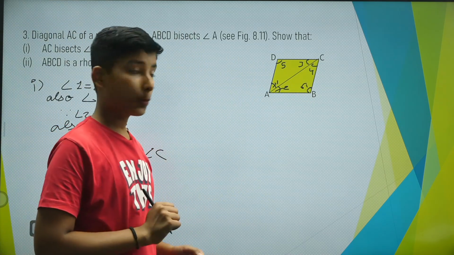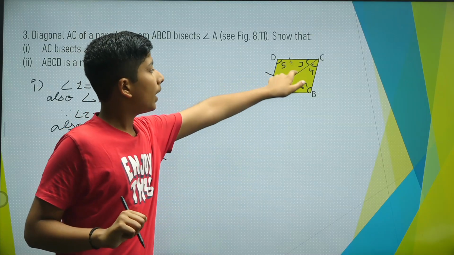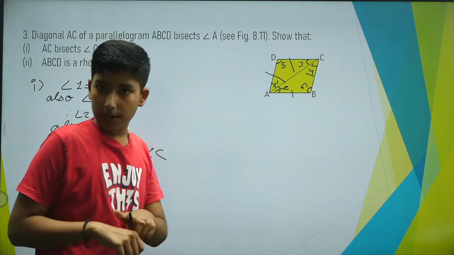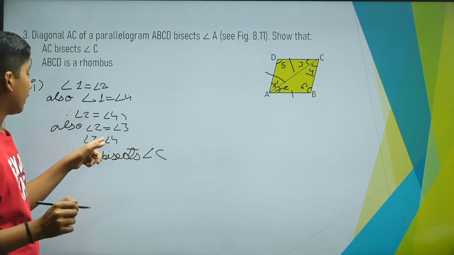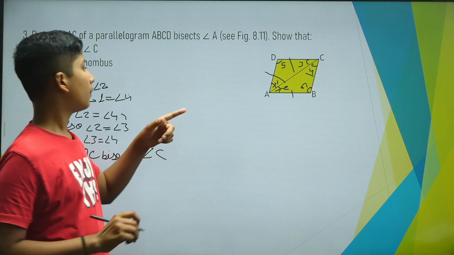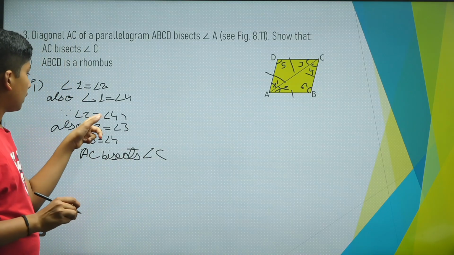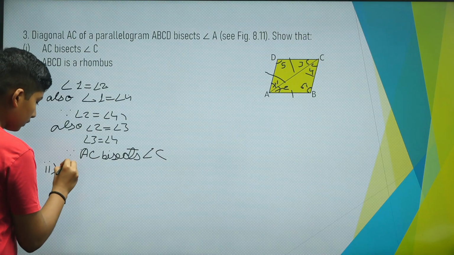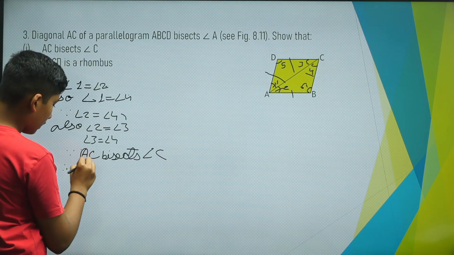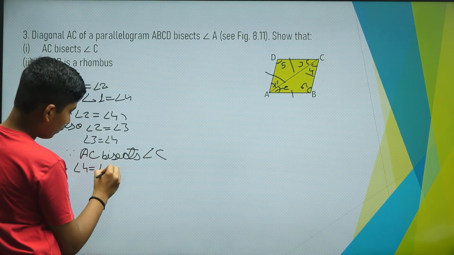How will we prove it? By saying that all these four sides are equal. For it, we have proved that angle 4 equals angle 2.